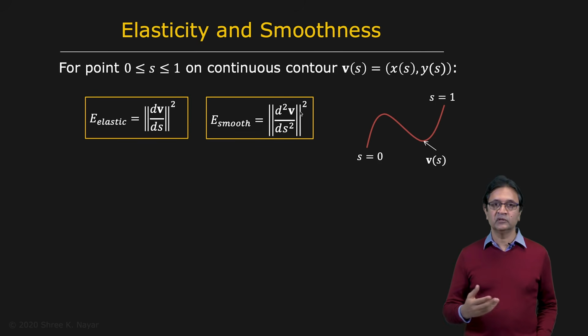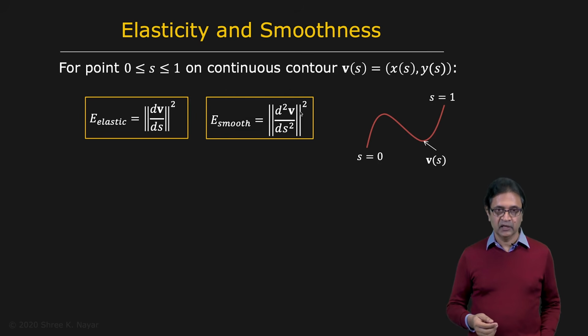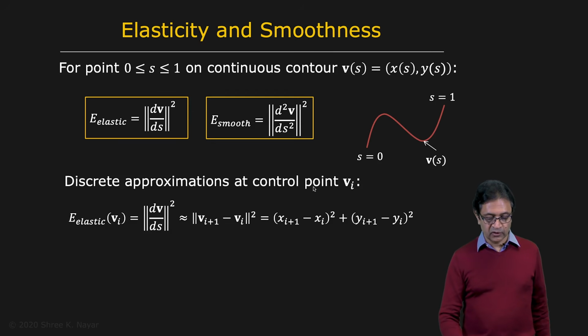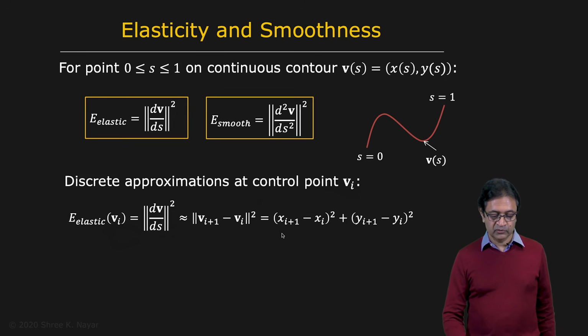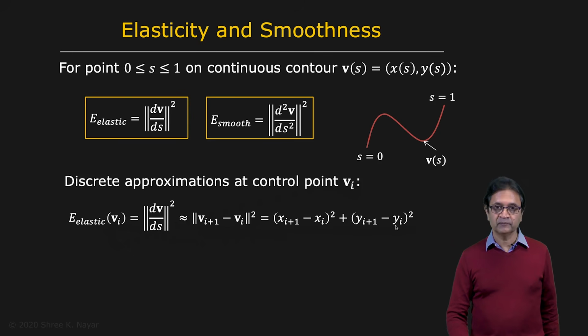And we know how to compute this using finite differences in our discrete case. If you're looking at the control point v_i, we know how to compute the elastic term for v_i, which would simply be v_{i+1} minus v_i, that distance squared. We know how to express that in terms of x and y.